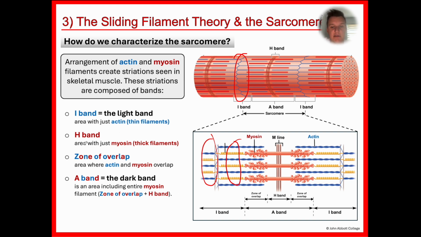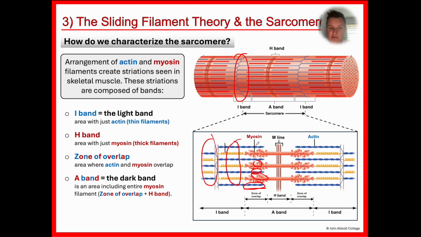The H band is the area with just myosin, just the thick filaments. So here in the middle, this is the H band, where there's only the thick myosin filaments. Then we have the zone of overlap. All of this here is a zone of overlap because you have actin and myosin, actin and myosin.